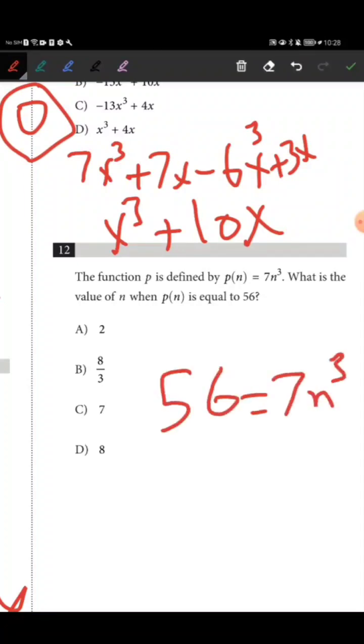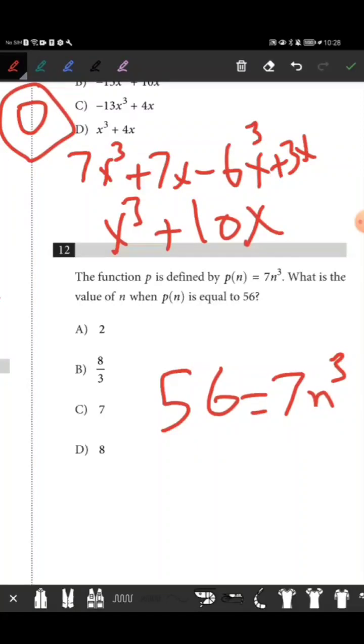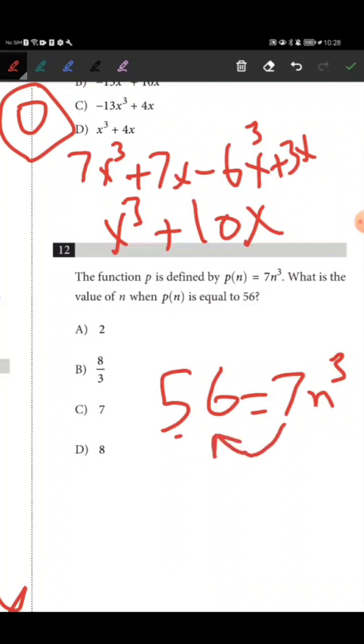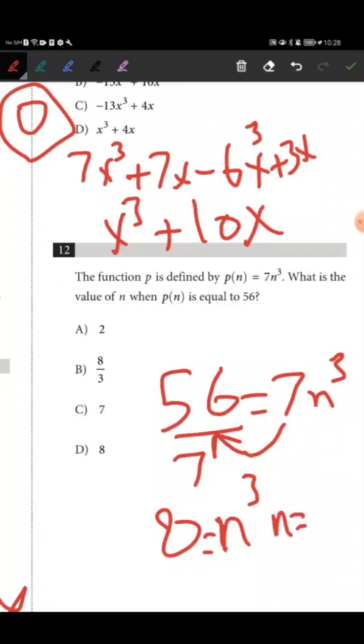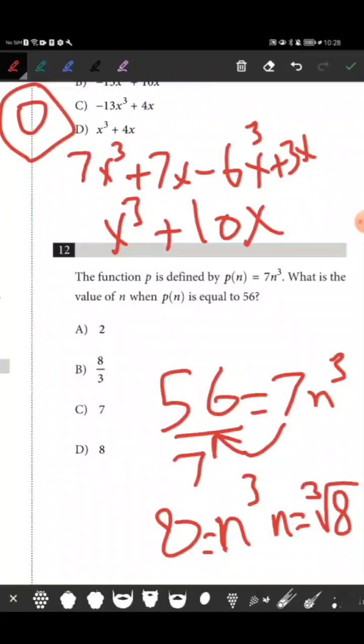So 56 over 7 gives us 8, equals n to the power 3. And n to the power 3 is going to get us n equals cube root of 8. And cube root of 8 is 2. So the answer for question number 12 is 2.